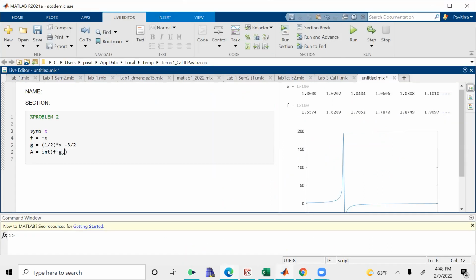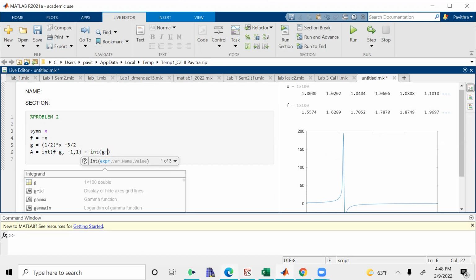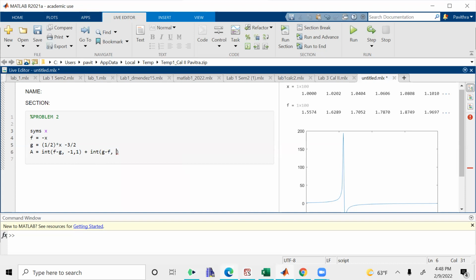f minus g, comma, -1 to +1. That's your limit, right? Plus int, integral, g minus f. You are going to use the same formula which you did while doing the hand calculations.